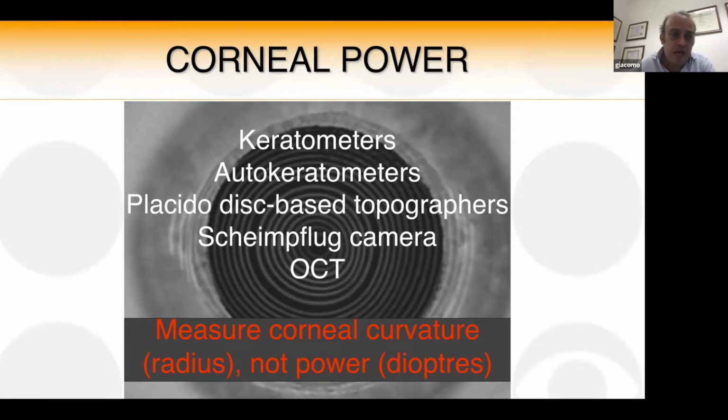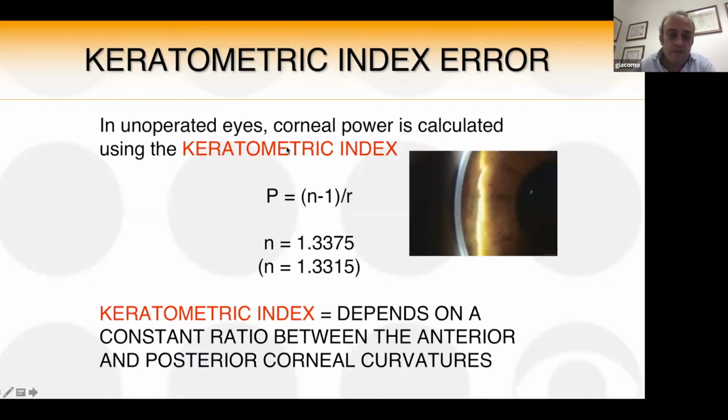And this usually happens on the anterior surface of the cornea. Of course, now we have devices able to measure also the posterior, but until a few years ago, this was not possible. So we have to find a way, and this is what the keratometric index is useful for, to convert millimeters into power. And the formula that is used by all devices is this one.